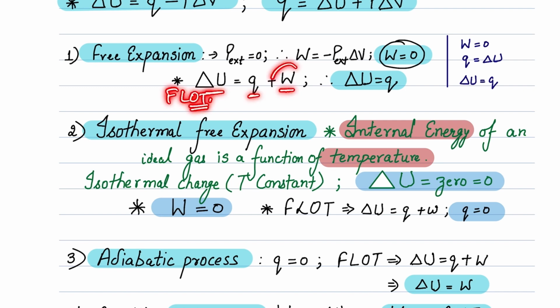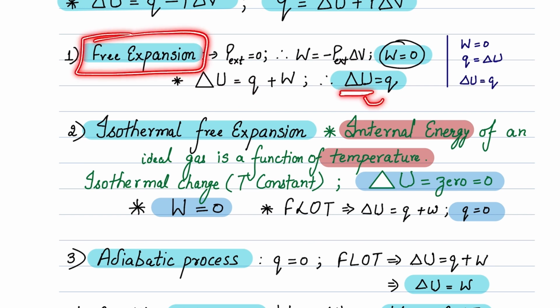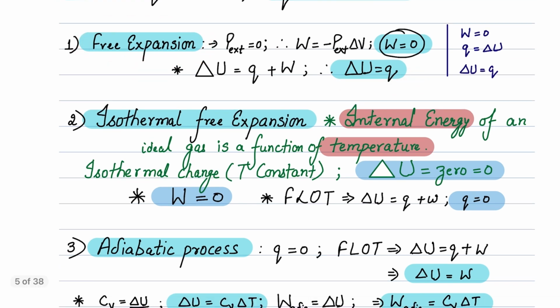So, our delta U becomes equal to Q, that is the change in the internal energy in the case of free expansion is nothing but heat absorbed, that is equal to Q. This is very important for numericals.